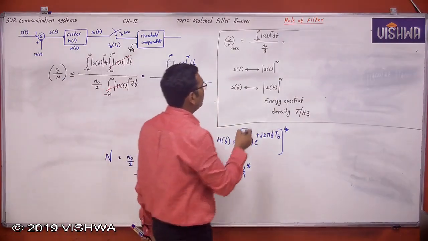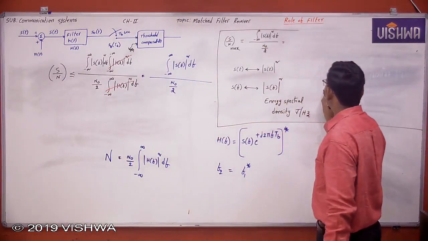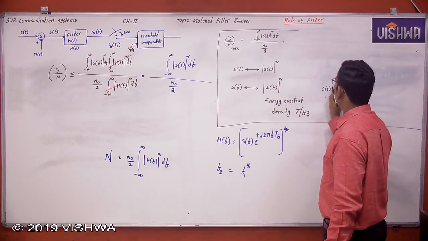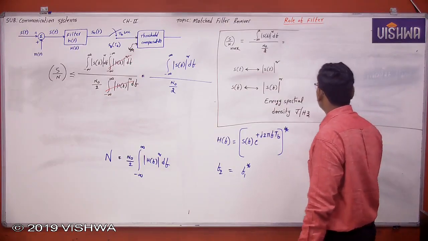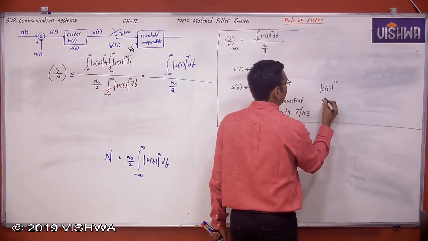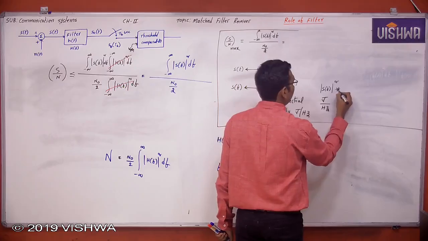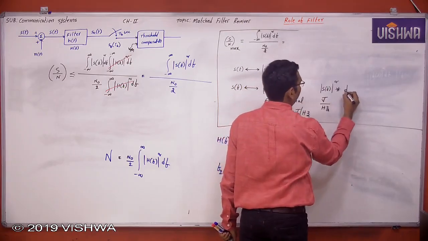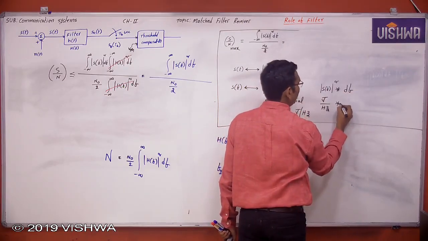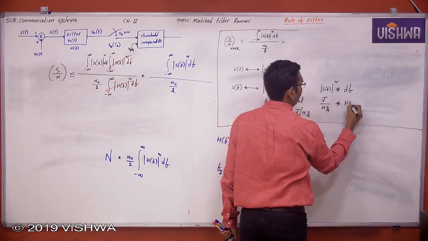But now what is here? This is |S(f)|², which is the energy spectral density, joules per hertz. But now this is multiplied with df. What is df? df is frequency, hertz. What happened?